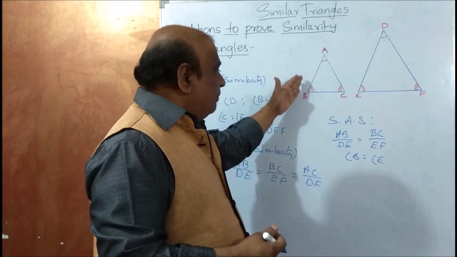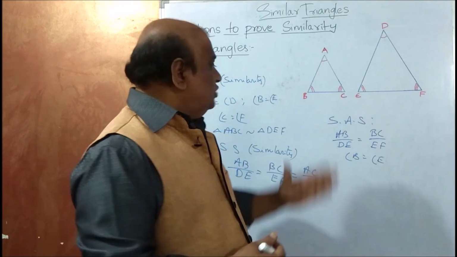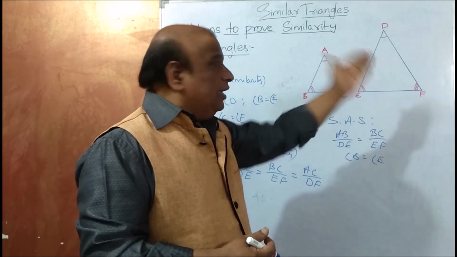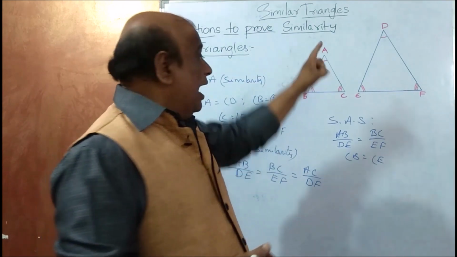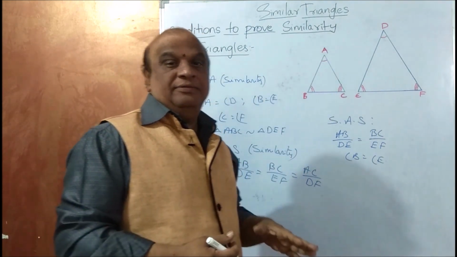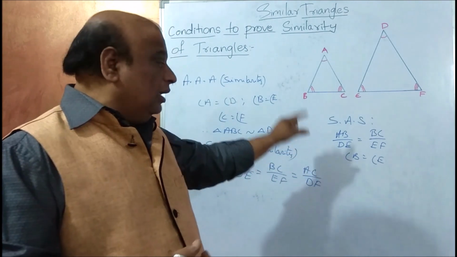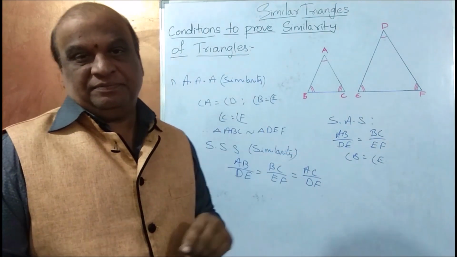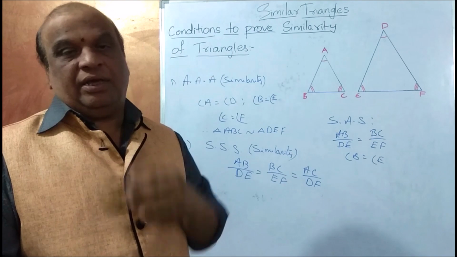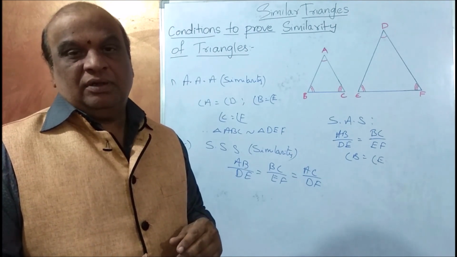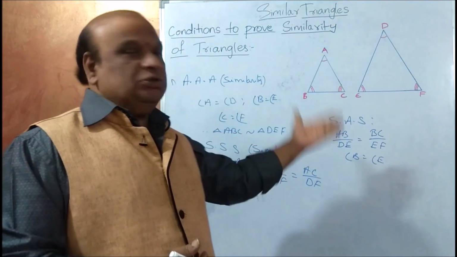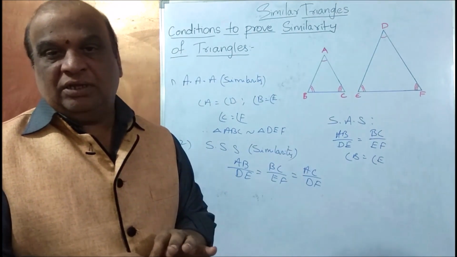Suppose AB by DE is equal to AC by DF, then you take angle A is equal to angle D. So the angle depends upon the sides, which sides you are taking. From that you should take the corresponding angles.